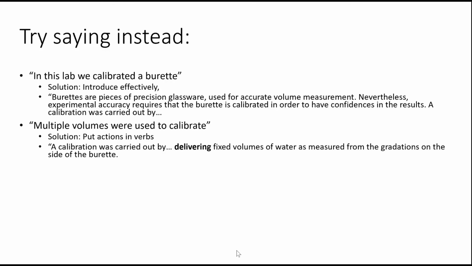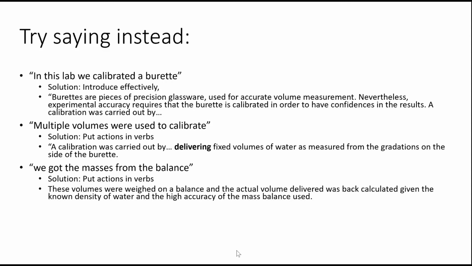We follow on from this sentence by addressing the problem of poorly chosen verbs. So we might go on to say a calibration was carried out by delivering fixed volumes of water as measured from the gradations on the side of the burette.